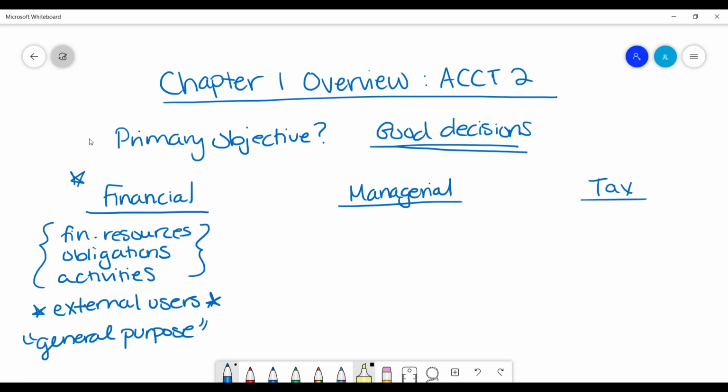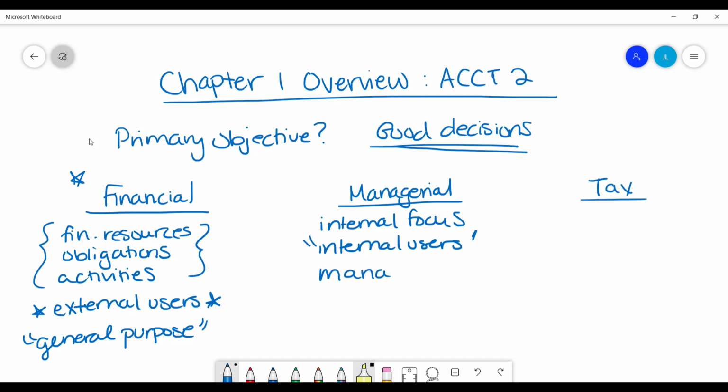Managerial accounting information is a little different in that it has an internal focus. The users of managerial accounting information are internal users. You are not going to have external users of managerial accounting information because most of that is proprietary. This information involves the development and interpretation of accounting information for management.